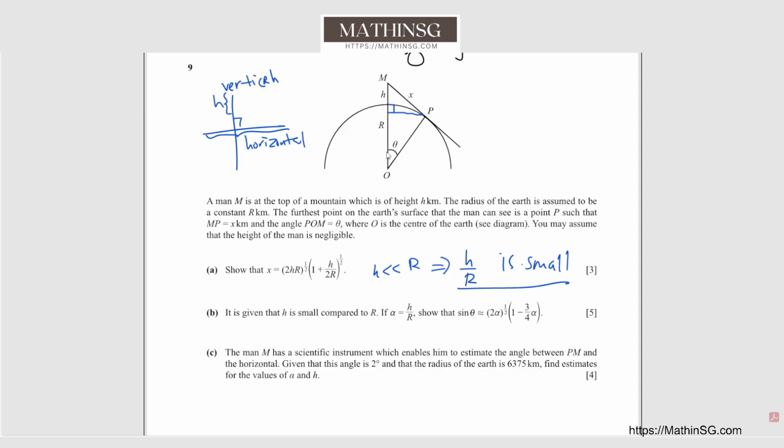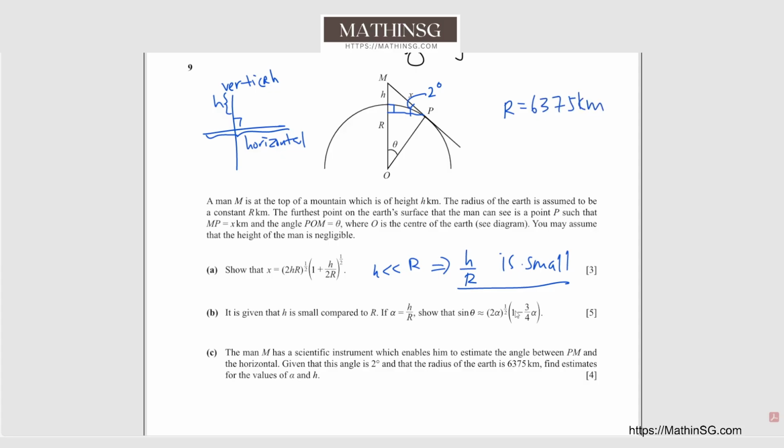Now we know the angle between PM and the horizontal. I've drawn it here, a line passing through P and perpendicular to MO. And I know that this is 2 degrees. And they give me that the radius R is 6375 kilometers.